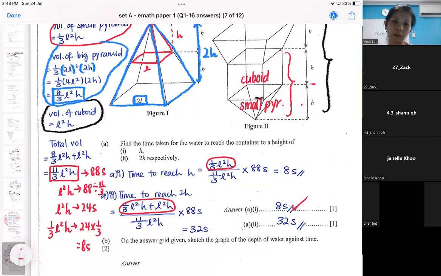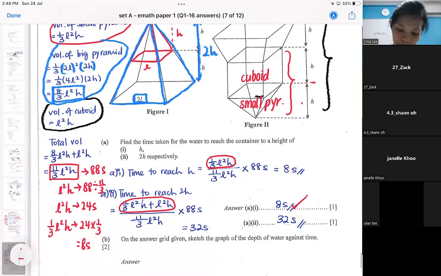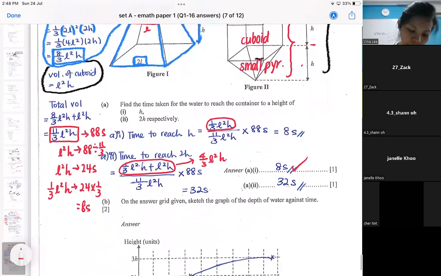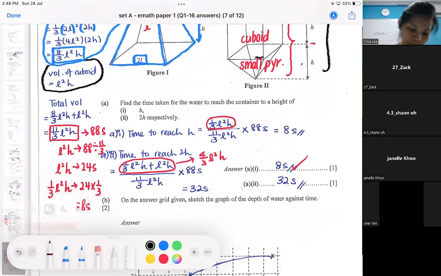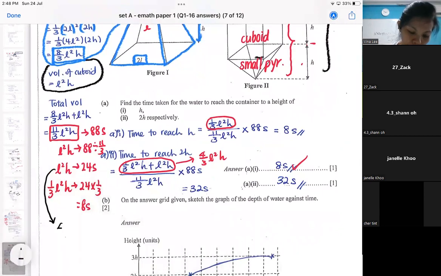You do the same thing, but you add up the cuboid and the pyramid. If you add up, it will be 4/3 L square H. So 4/3 L square H will be quite easy. You multiply 4/3 on both sides. That's how you get the 32 seconds.